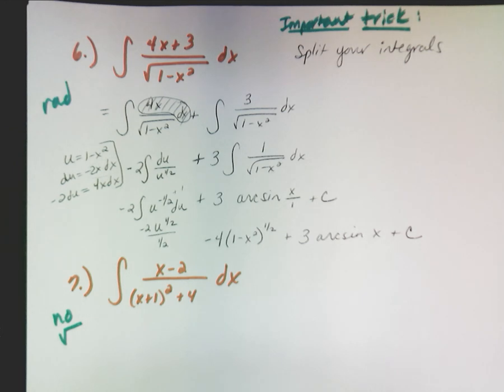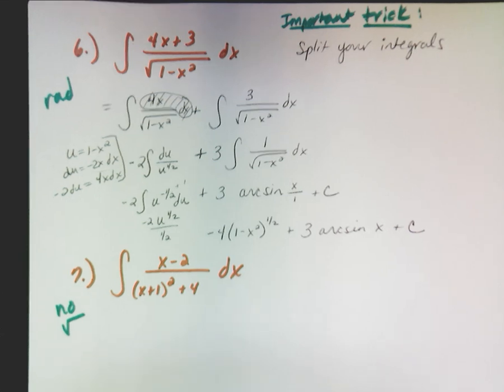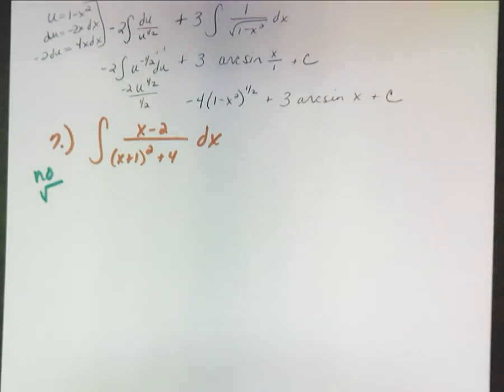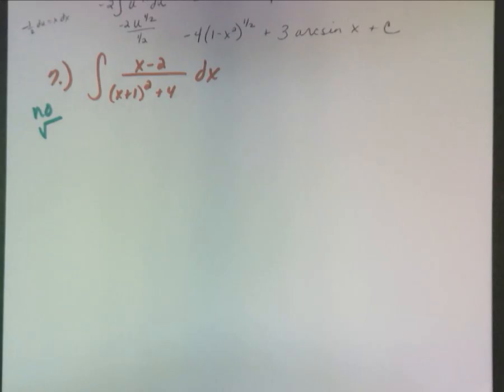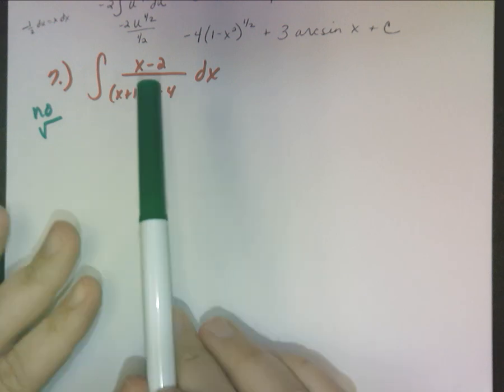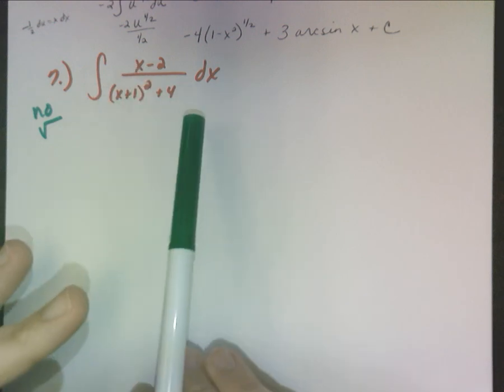So crazy one, isn't it? But completely doable. All right, last and final one. For this last one, there's going to be a problem when you try to do that little separation trick.